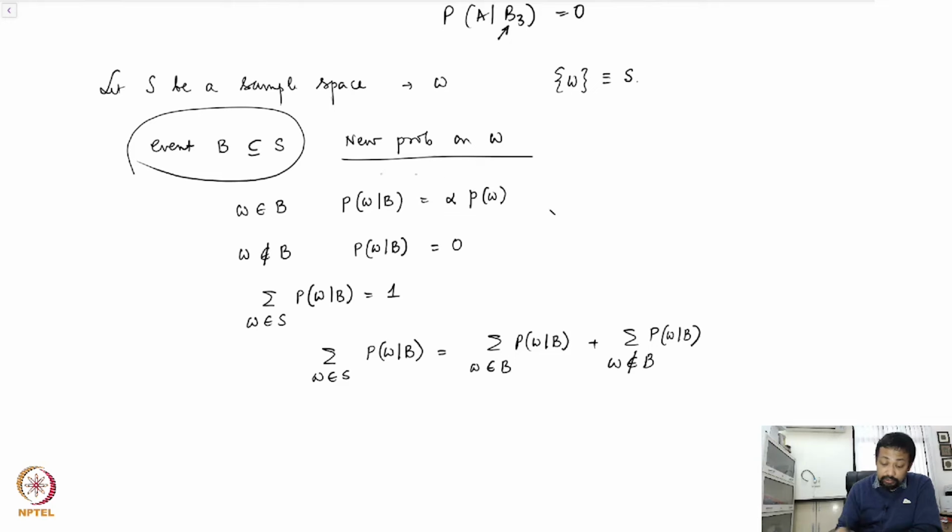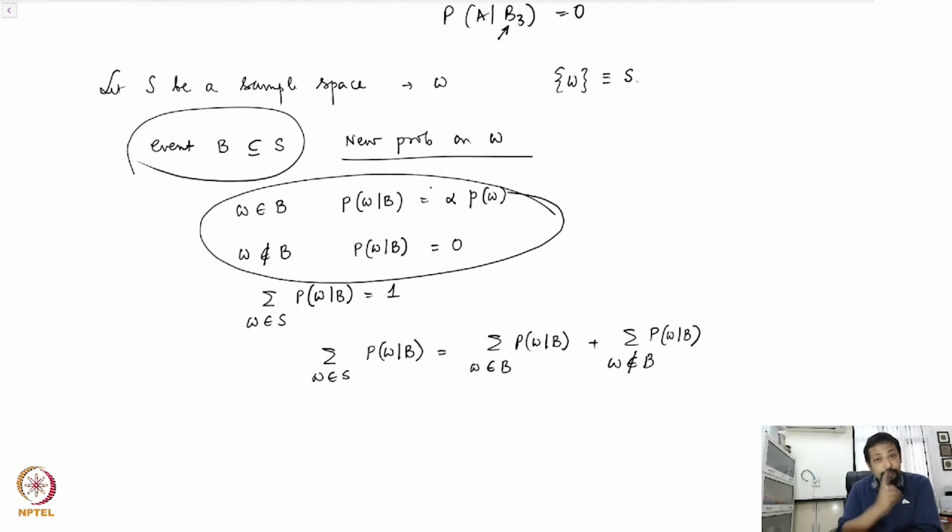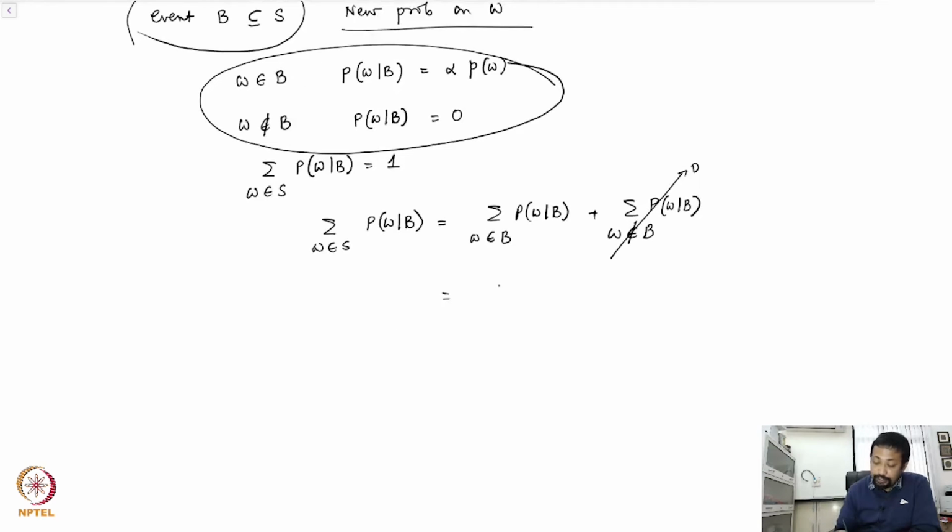But by our hypothesis that we started off with, this second term is 0. And therefore, I have omega belonging to B, and this quantity is alpha times P of omega. Since omega is now restricted to B, this is P of B, and the left hand side is 1.